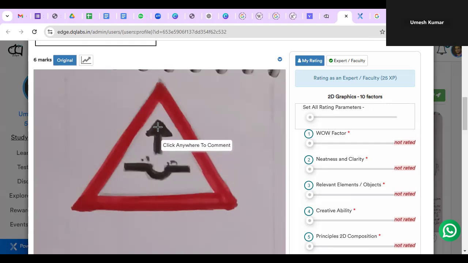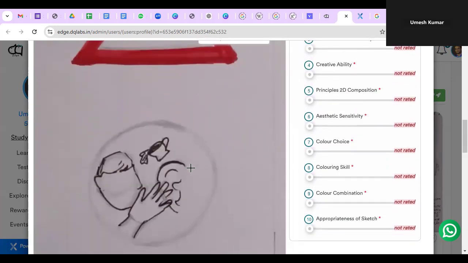Okay, arrow to the when facing up, the potholes. So this has to be represented in a more understandable manner. So currently, this is not helping us to communicate. All right.